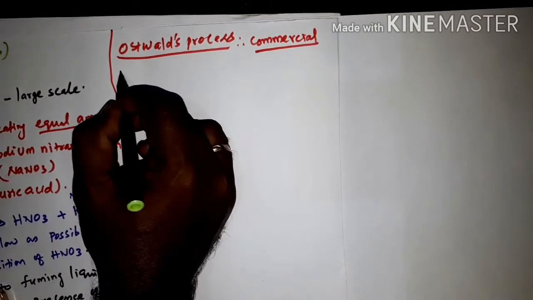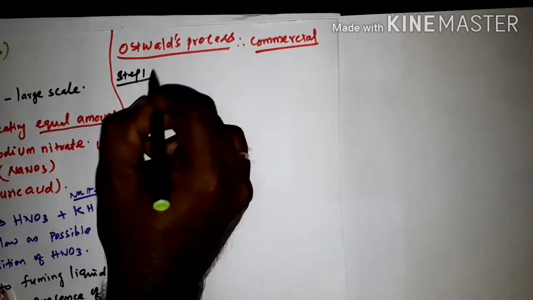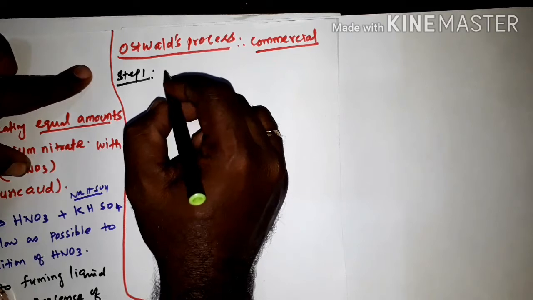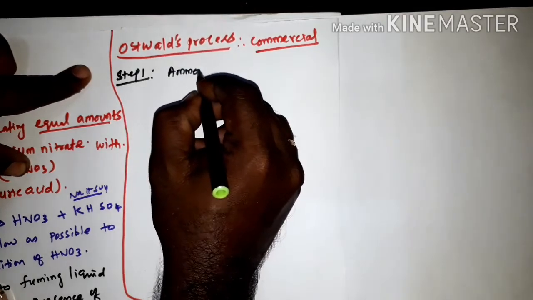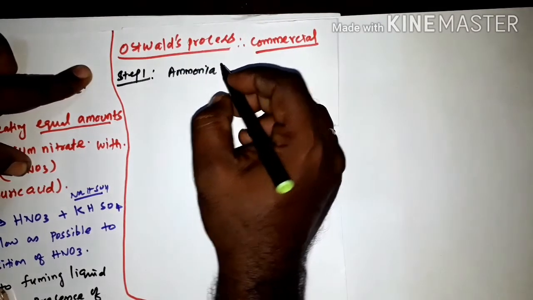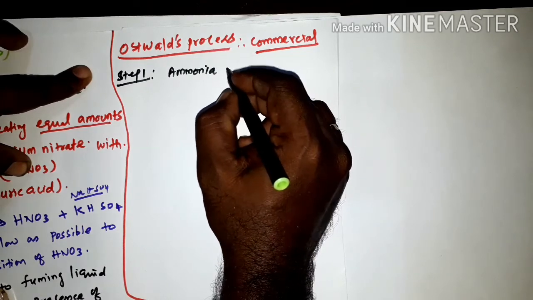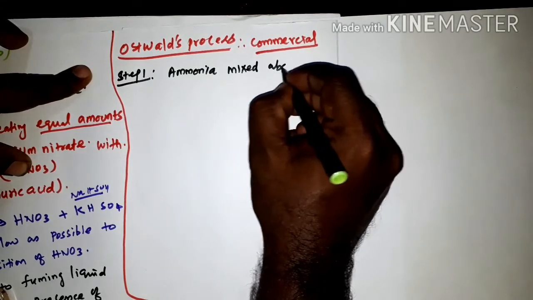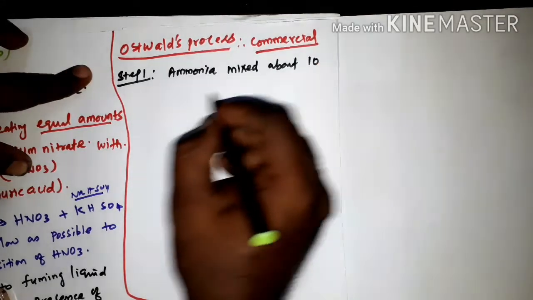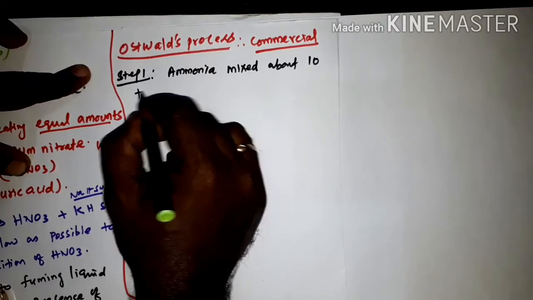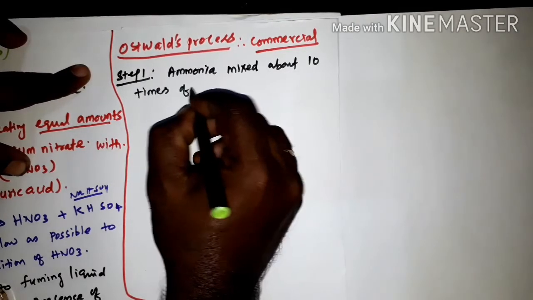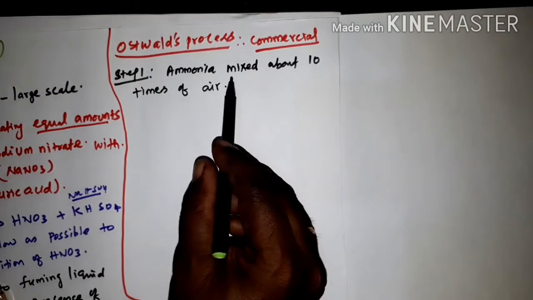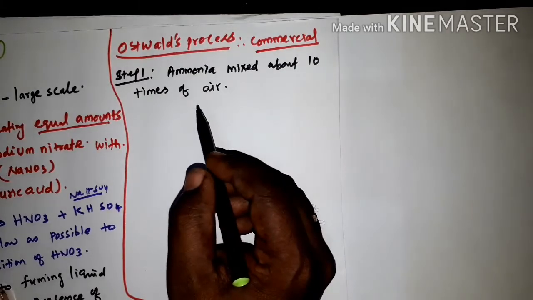Step 1: ammonia is mixed with about 10 times of air. Okay, so in the first step, ammonia must be mixed with about 10 times of air.